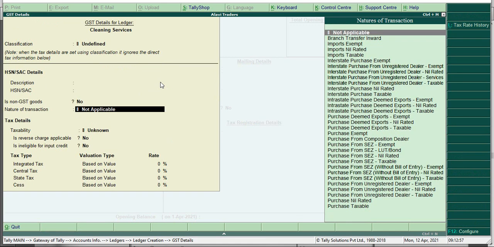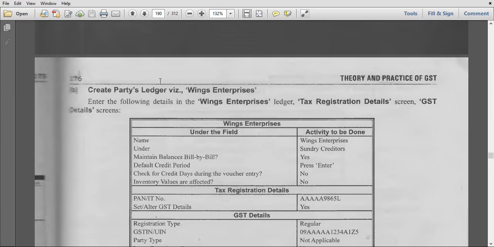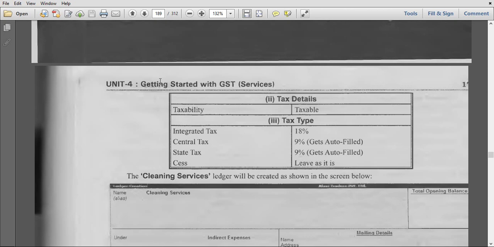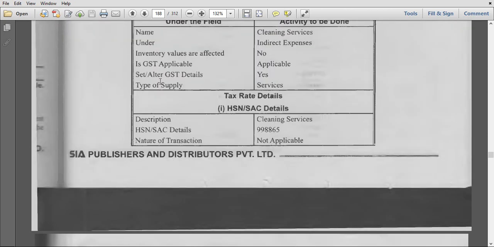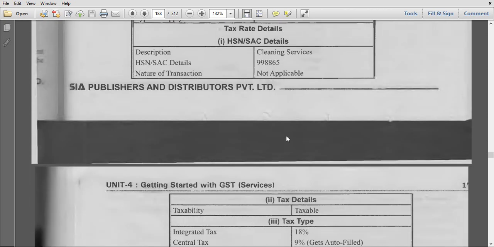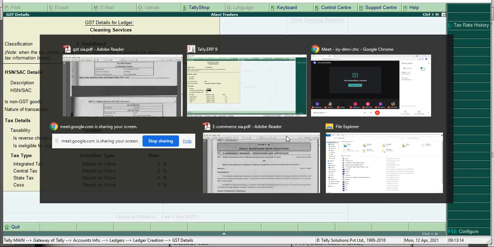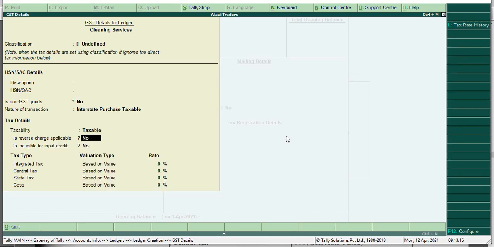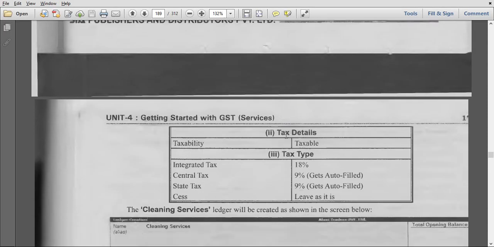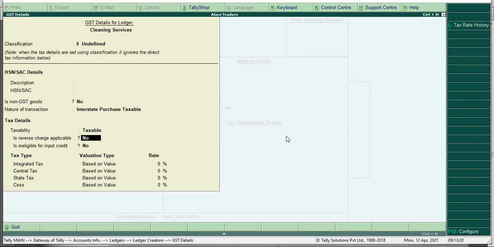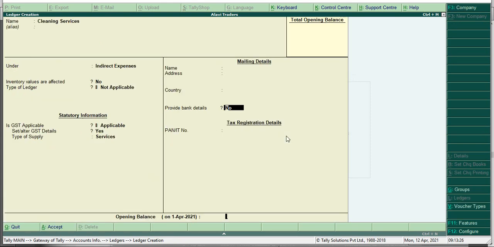It is intrastate purchase taxable. That's what we have to select. Here it is 18%. It is services.